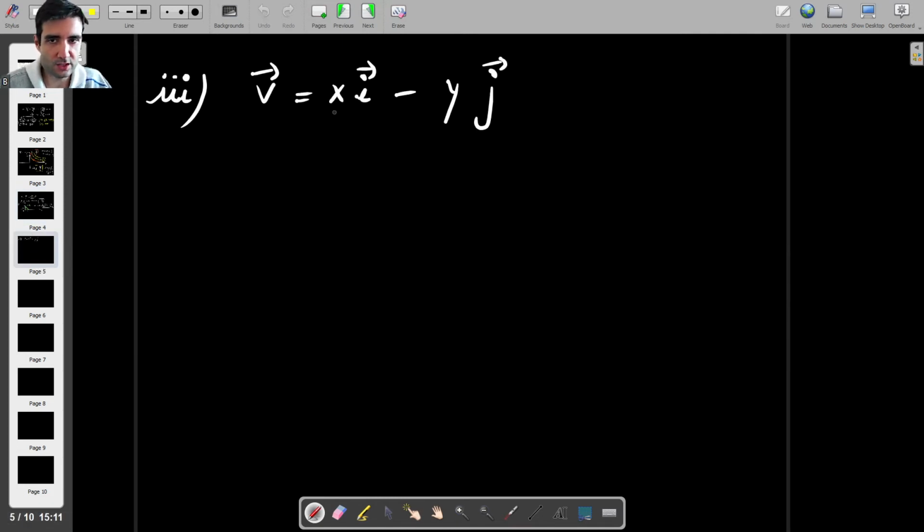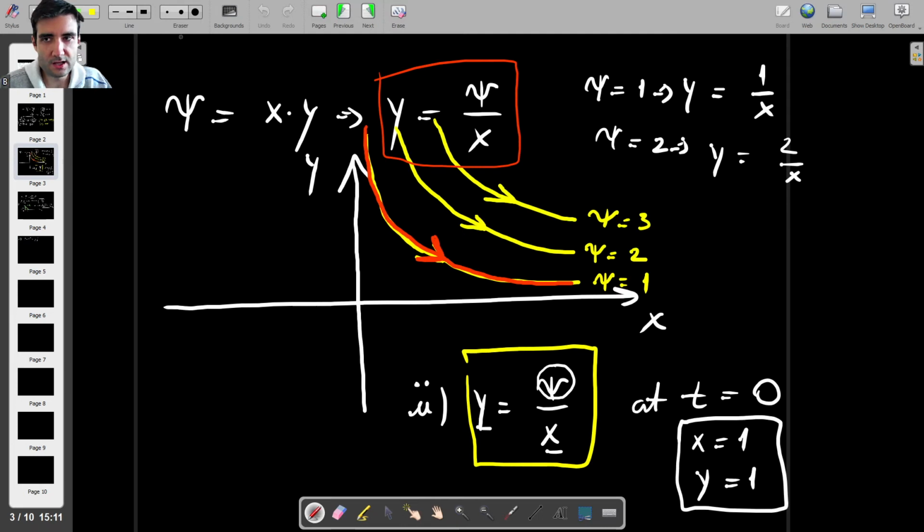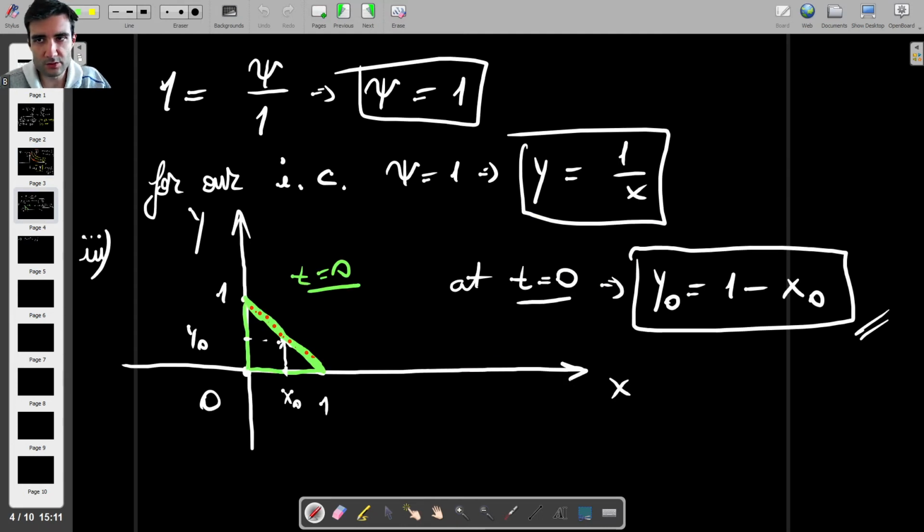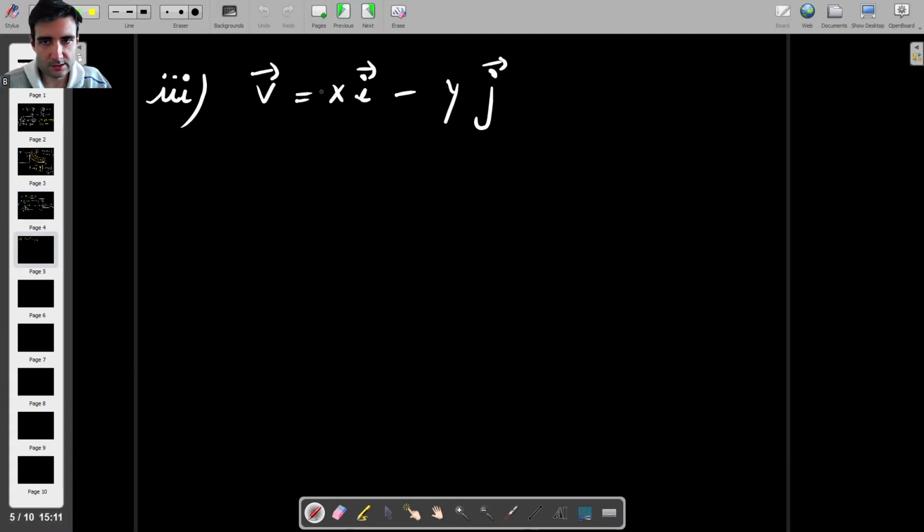To do that, we're going to use the velocity field related to those points which are sitting here. So this here is u, this here is v. We have that u is equal to x and v is equal to minus y.